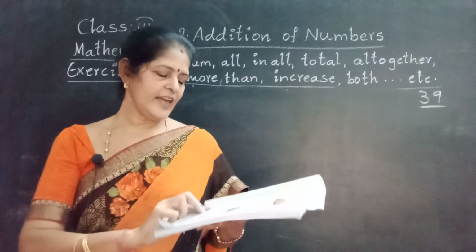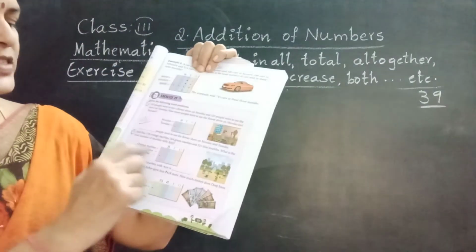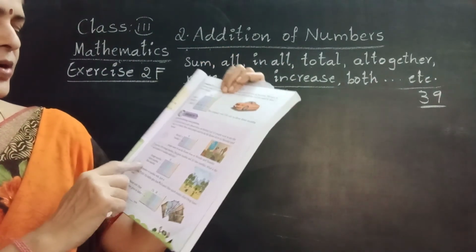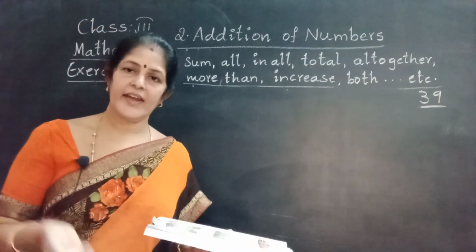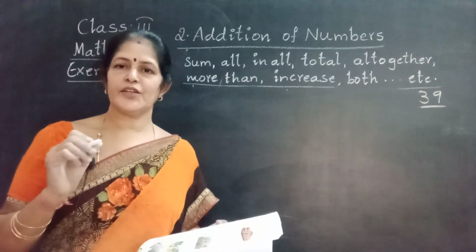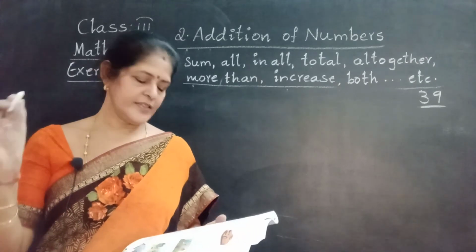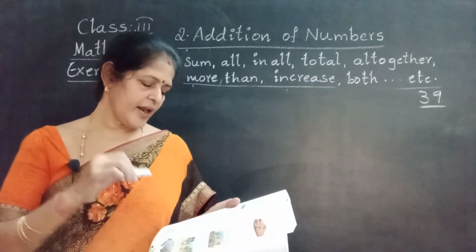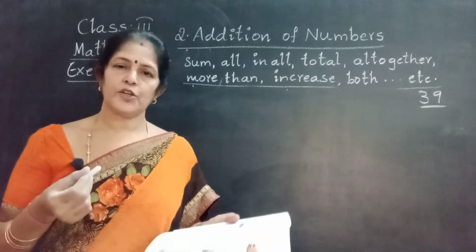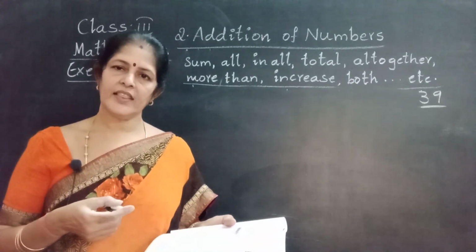Now here they have simply given orange marbles, green marbles, blue marbles. When we write in classwork, we write number of orange marbles, number of green marbles, number of blue marbles, the total number of marbles with Ajoy.